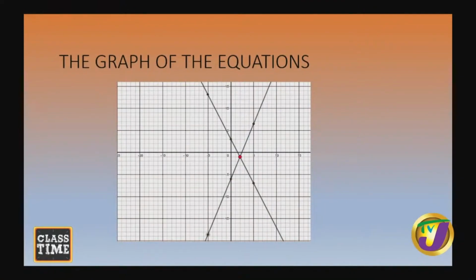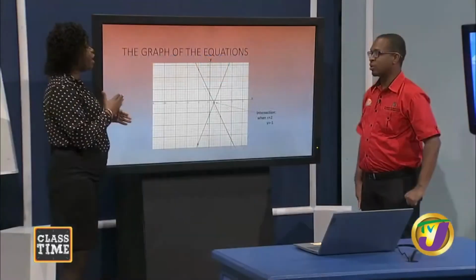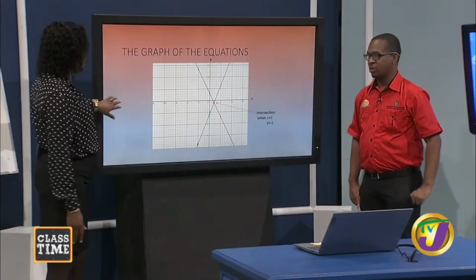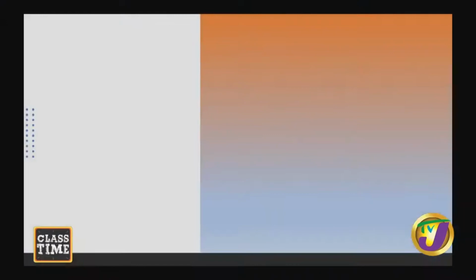For the point of intersection, we're getting x to have a value of 2 and y having a value of -1. So basically, the solution to simultaneous equations graphically is the point where the graphs intersect each other.